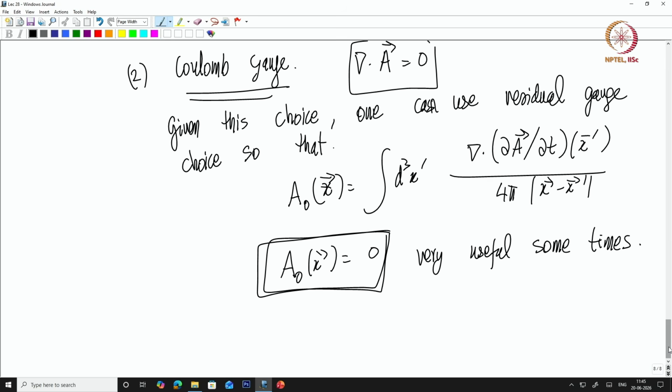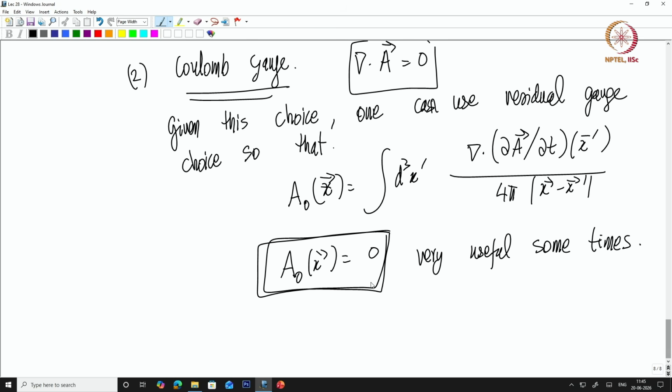For some calculations this is very useful. There is a caveat for this, because this is all in free phase space, in the absence of charges.